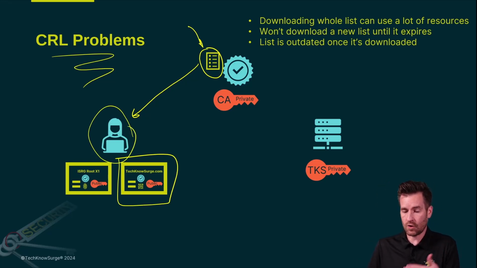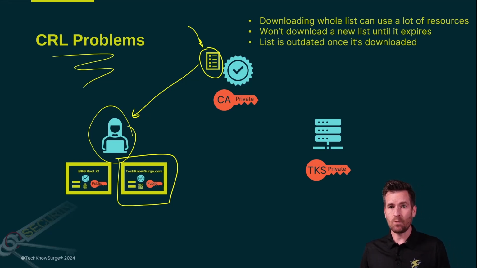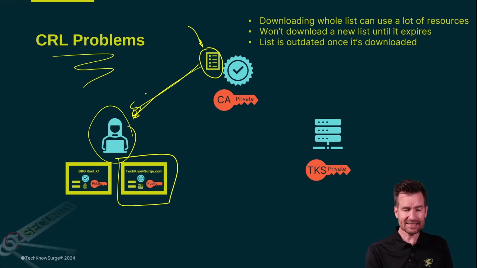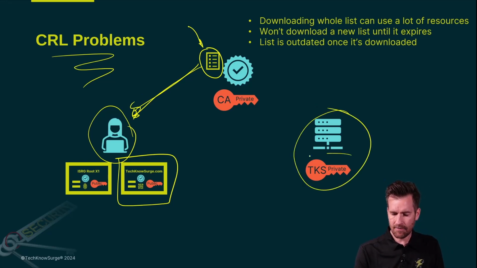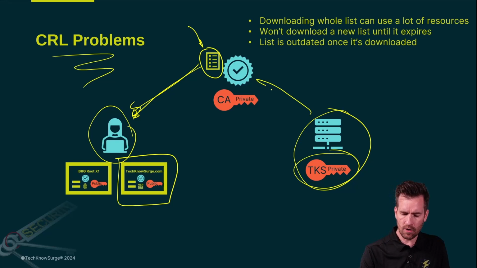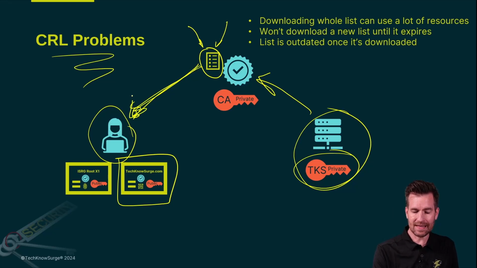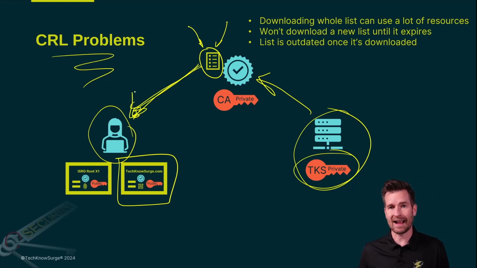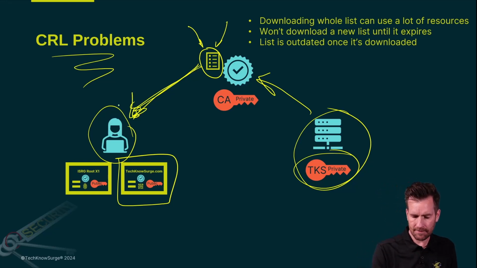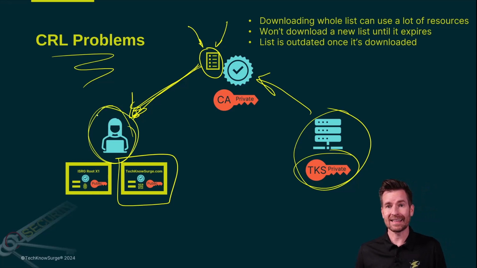The other problem is that once you download it, the list is already outdated. If the site is compromised after that and notifies the certificate authority, which updates the list, there's a delay until the next time you download the list. Often it's going to wait until the list expires before it downloads a new one. So that can be problematic.